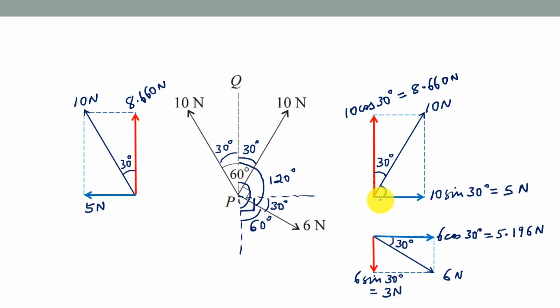It's either horizontally to the right or to the left, or vertically upwards or vertically downwards. Those are the two directions. Every time you're given a system like this, the first step is to try to resolve all the forces horizontally and vertically so that all of them form some kind of a plus sign.